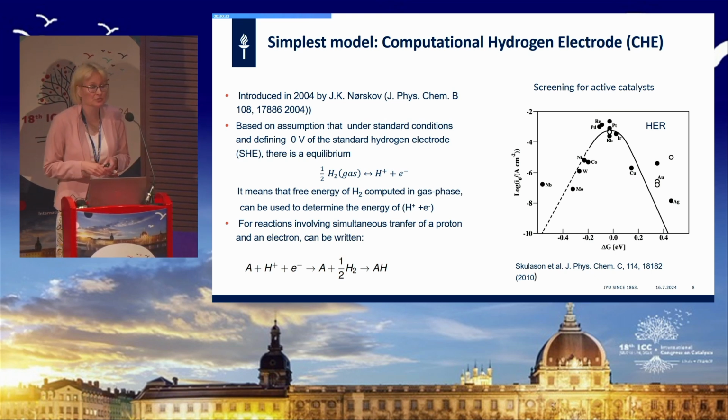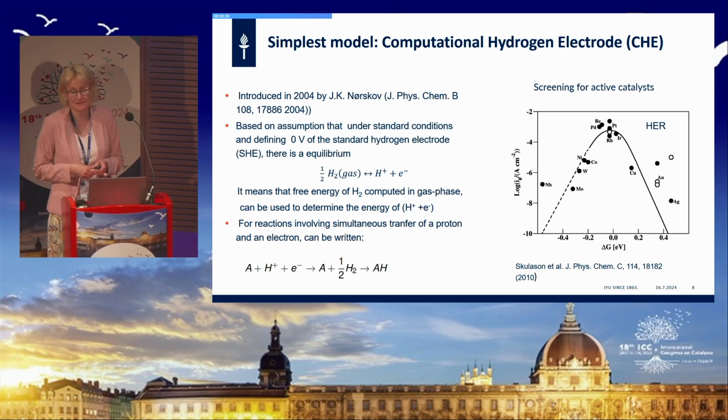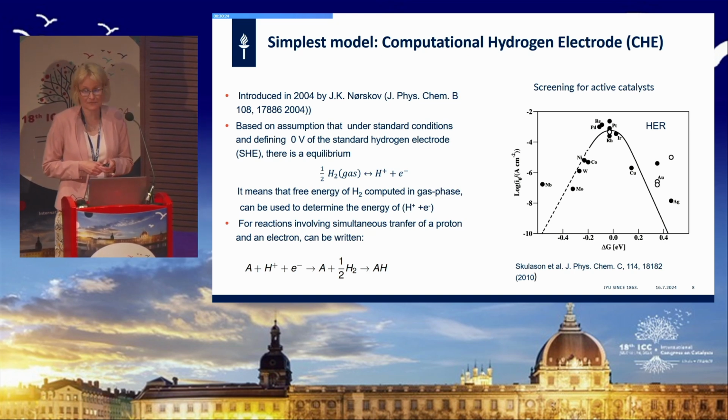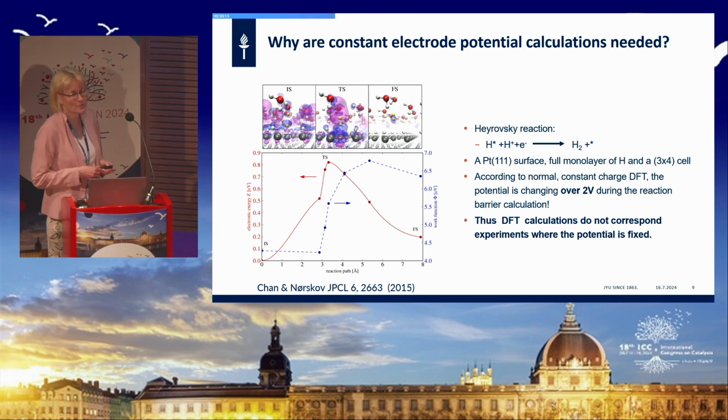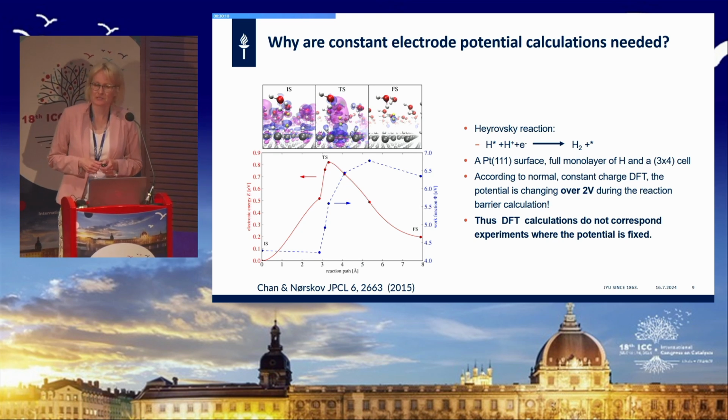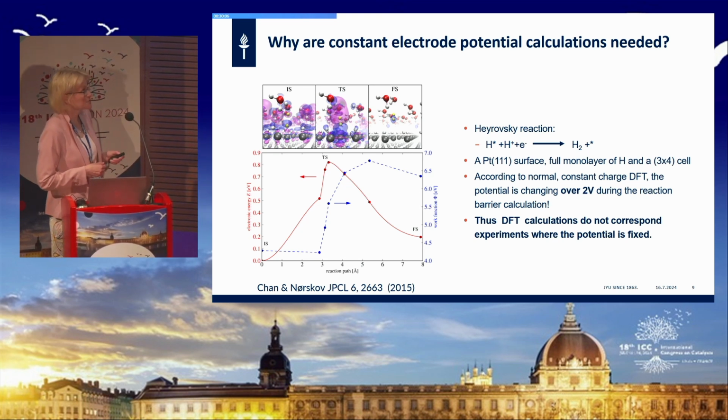It's easy to use, it doesn't need any modifications to your DFT software, and it works nicely for thermodynamics, but for kinetics, it doesn't. And here is an example of why constant potential calculations are needed. This is a Heyrovsky reaction on a platinum surface, which has a full monolayer of hydrogen.